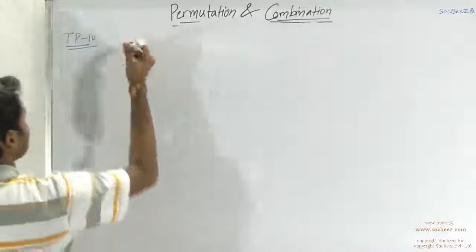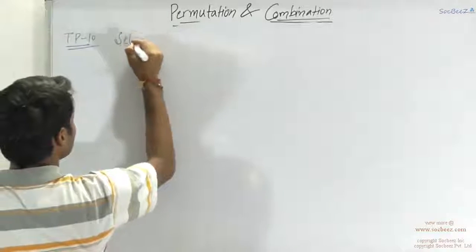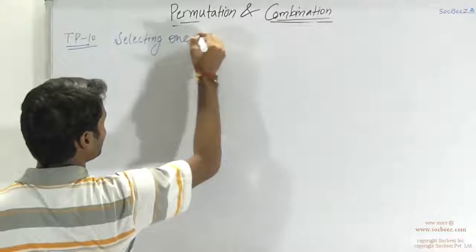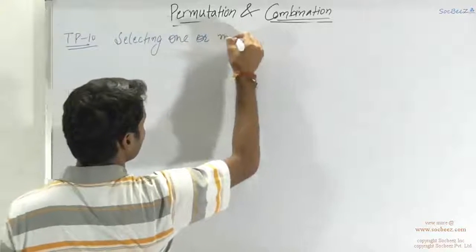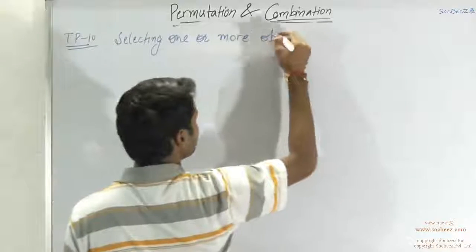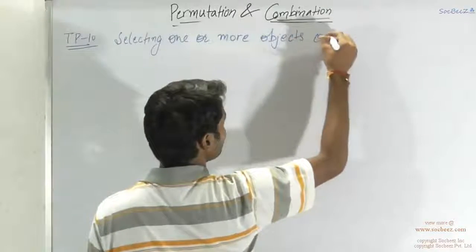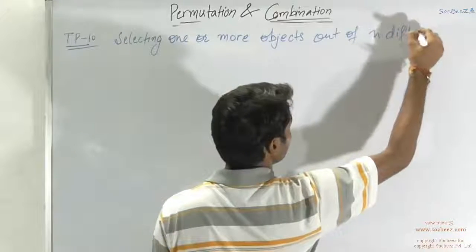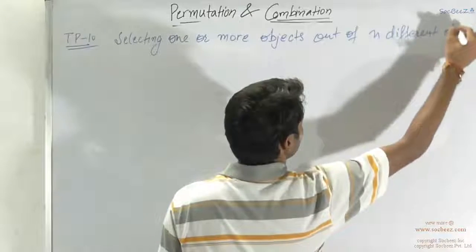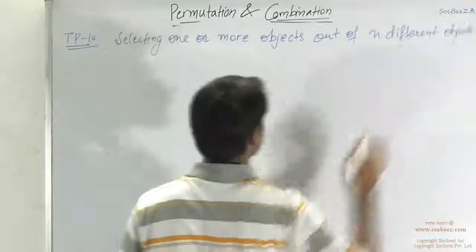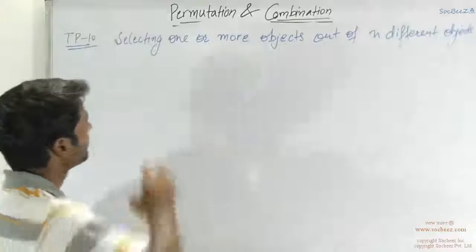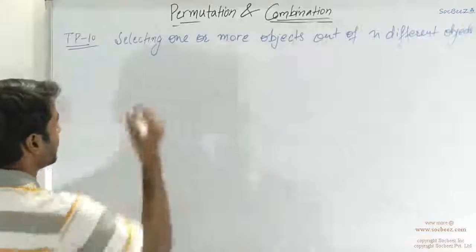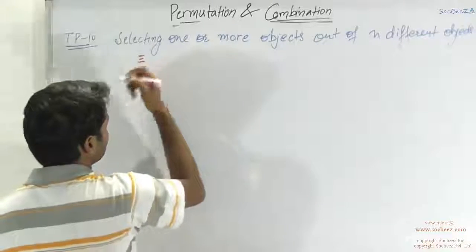So the first is selecting one or more objects out of n different objects. So you are given a set of n different objects, you have to select one or more objects out of them. Okay, so this is the same.